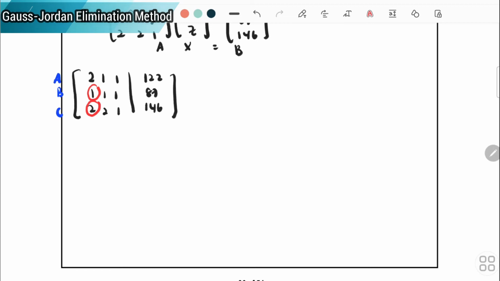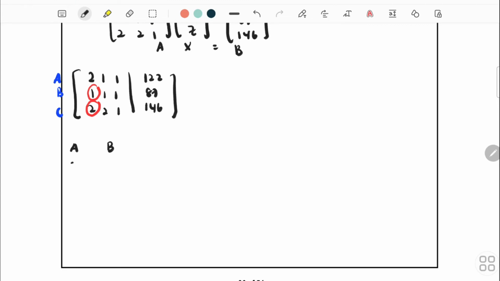To change the second row, we use row A and row B, because A is the reference row. The element of row A is 2, the element of row B is 1. You just copy down here and cross multiply, and you get A minus 2B. That will give you the new R2.